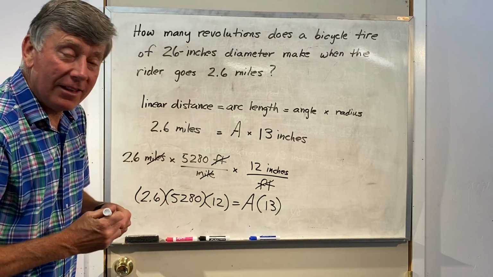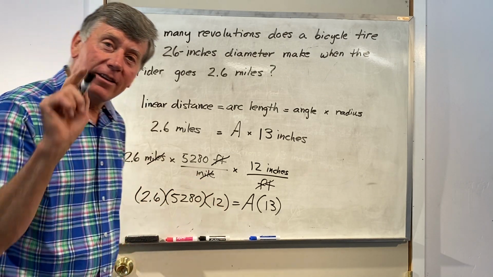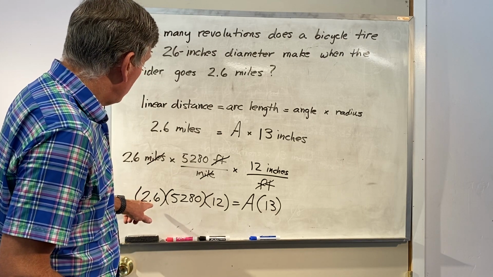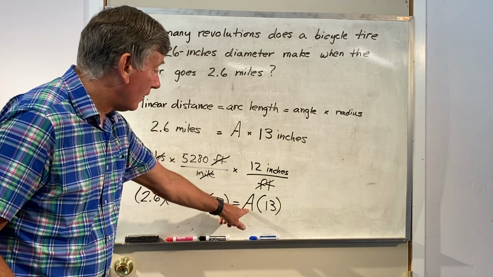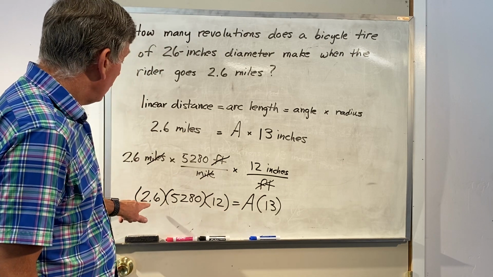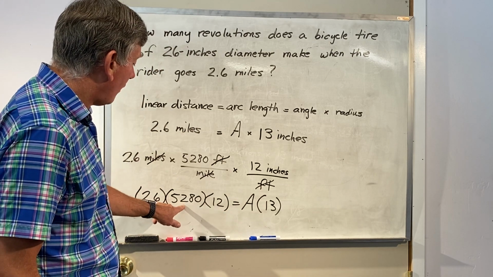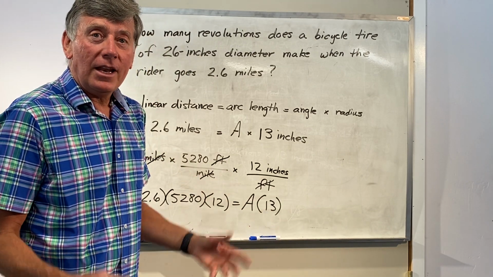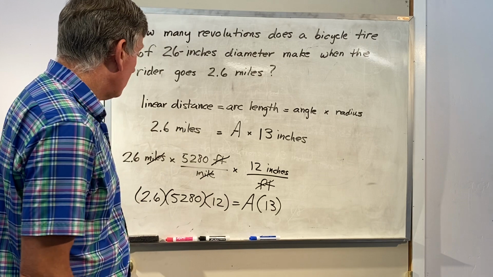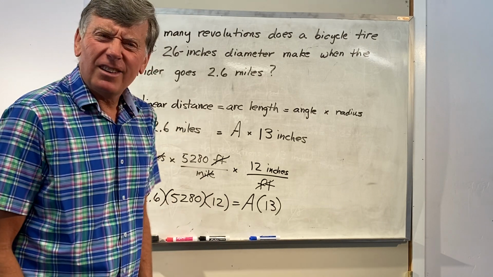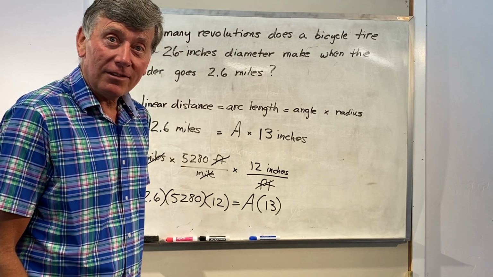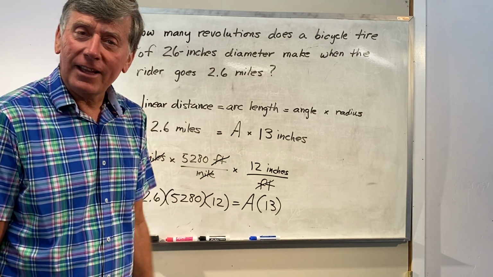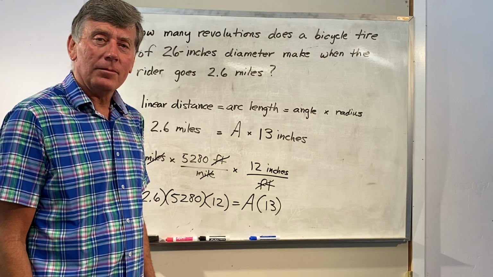To get A all by itself, and I don't have my calculator handy because it's my phone, which is my camera right now, but basically to get the number of revolutions, all I need to do is take 2.6 times 5,280 times 12, and then divide it by 13, and I've got the number of revolutions, probably over 10,000 revolutions that bicycle tire makes between the starting point and ending 2.6 miles later.